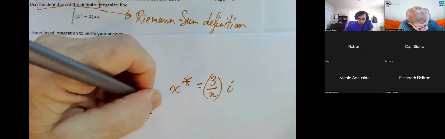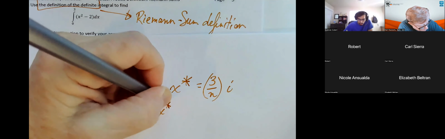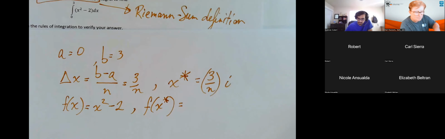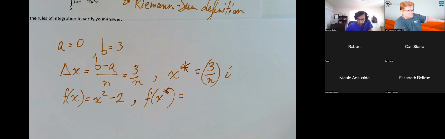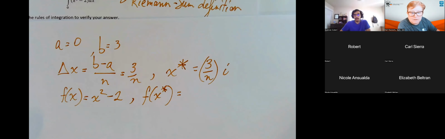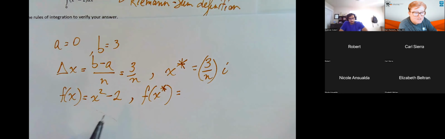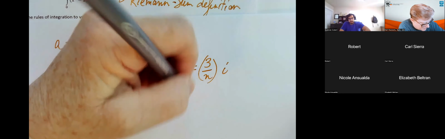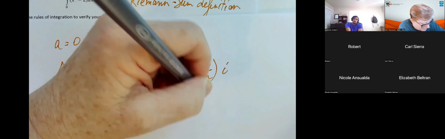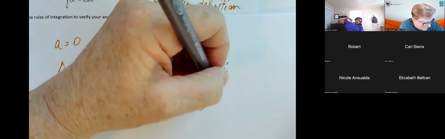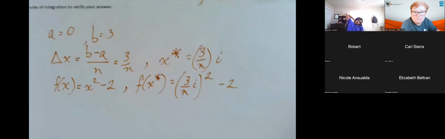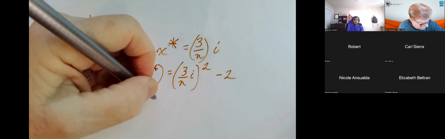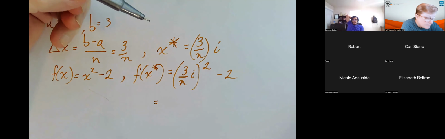So f of x star will be, let's do this in a couple of steps. We want to plug 3 over n times i into this function. So we're going to get 3 over n times i, squared, minus 2. And remind me how to square 3 over n times i?